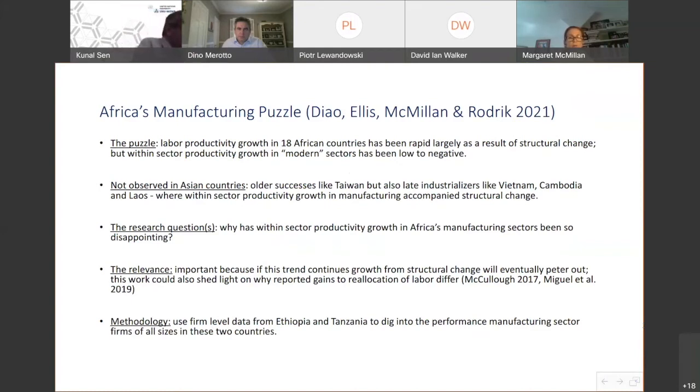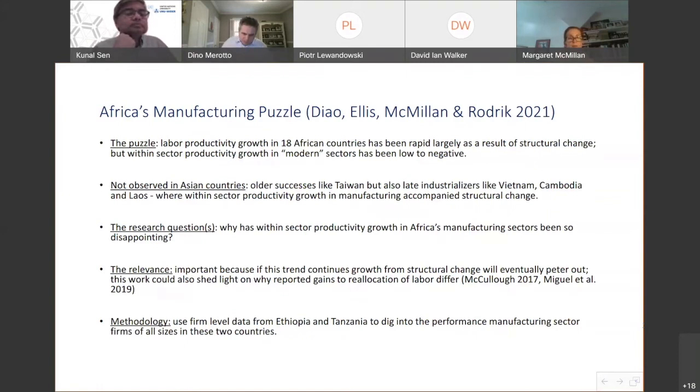So this is important because the idea is that folks are moving out of agriculture into services and manufacturing, and that's raising economy-wide productivity. But the sectors folks are moving into are experiencing declining labor productivity.